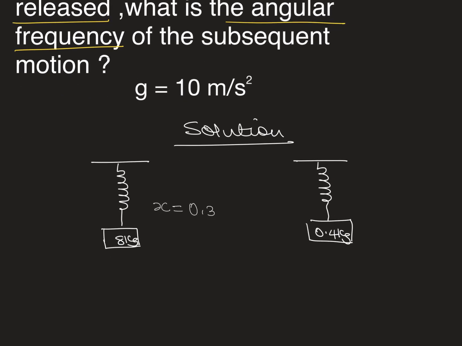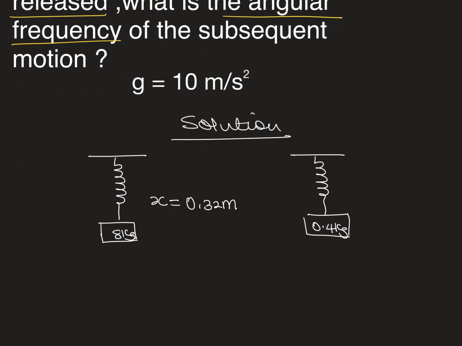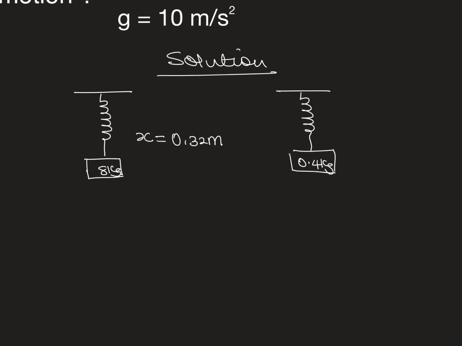So that is 0.32 meters. Now, if the system is suspended vertically, then the force that is going to cause the spring to extend is going to be the weight of the block itself. So it means the force will be 80 newtons, since force is equal to mass times gravity.